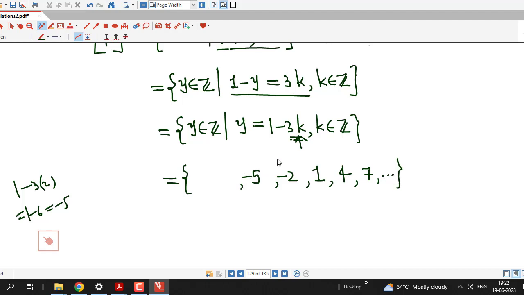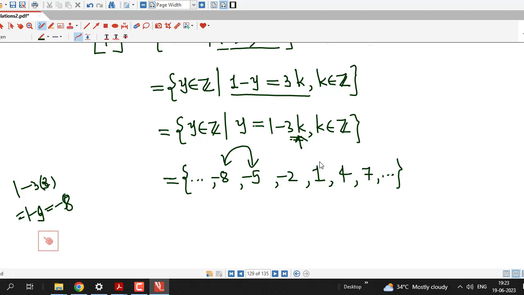Here also we can take k equal to 3, then I will have 1 minus 9, that is minus 8. So you can see the pattern here. The difference of any two successive elements is 3 or minus 3. If I consider 7 minus 4, I obtain 3.